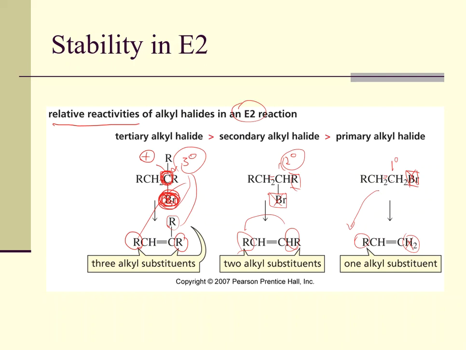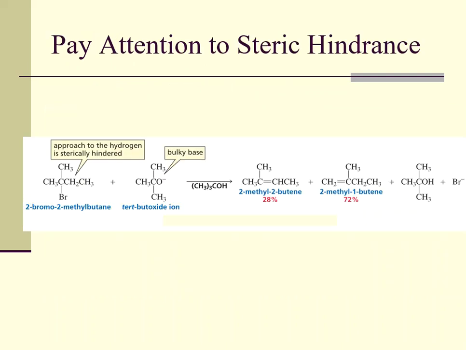That rule doesn't change here either. So because it's more stable, this will form a more stable product. It could be as simple as that if it needs to. So with E2s, just like it's written on the screen, tertiaries are much better than secondaries, which are much better than primaries. We also need to pay attention to steric hindrance.